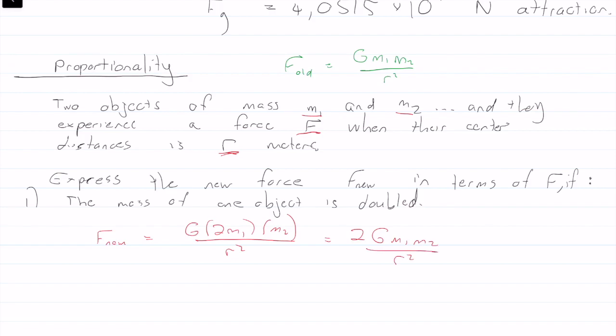Now if I look at this, G m1 m2 over r squared is the same thing as F old. So this is actually equal to 2 times F old. So my new force is 2 times the old force.